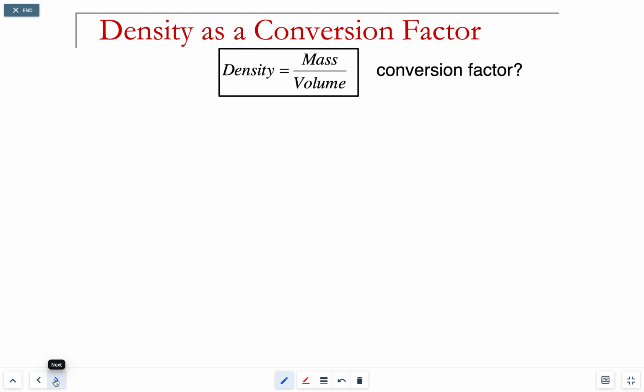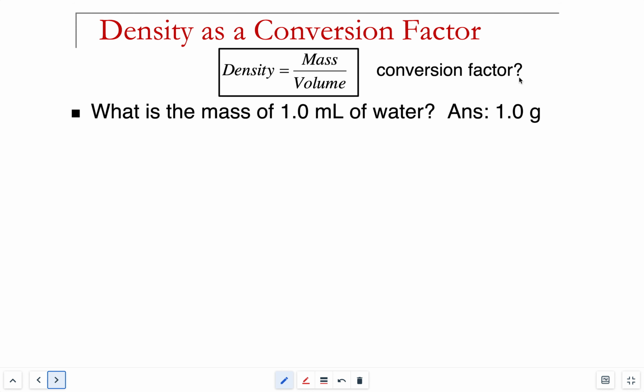Now let's look at density as a conversion factor. So what do we mean by this? Well, like I said, you've already seen this before in the lecture video that I gave you on solving the patient dosage problem. If you ask the question, what is the mass associated with 1.0 milliliters of water?